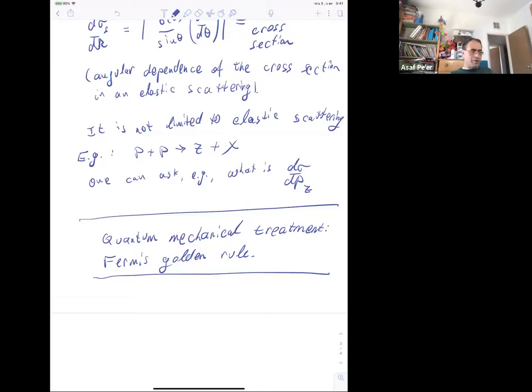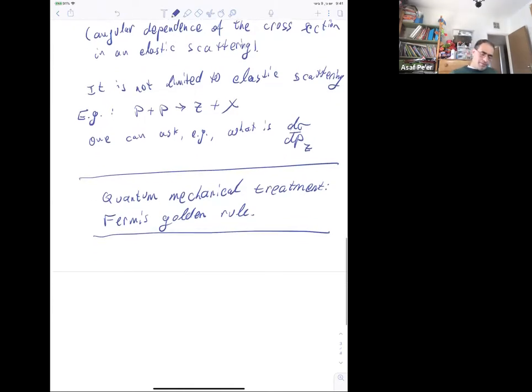So, we know that particles are quantum objects, and we want to know what's the probability for a quantum process to happen, something like a radioactive decay or scattering of two elementary particles. The calculation is called Fermi's golden rule, and it really depends on two ingredients. So let me write it down.